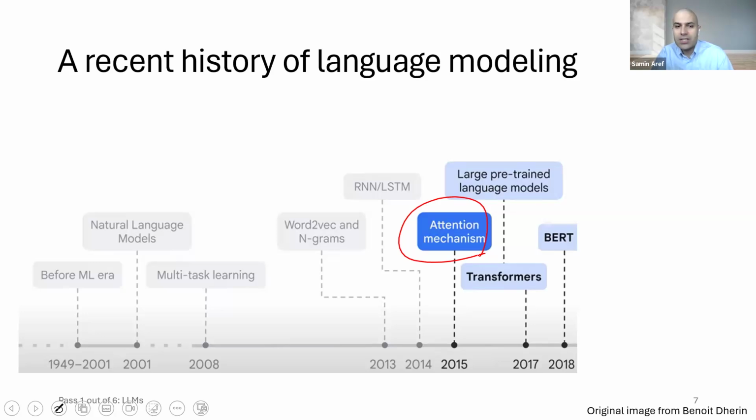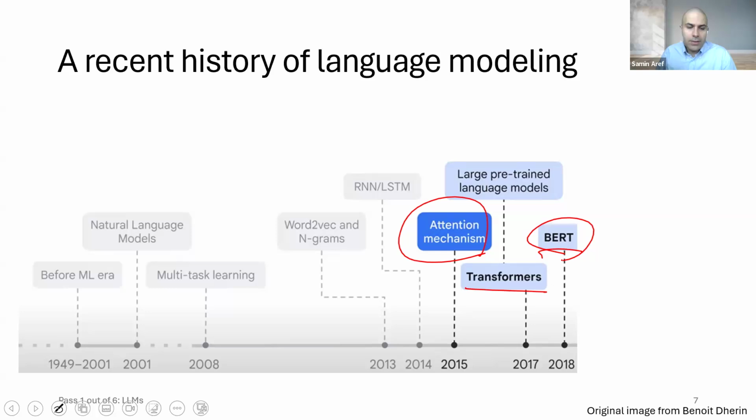It paved the way for the development of transformers, an architecture made up of an encoder and a decoder, and then the BERT model is an encoder-only architecture, which is based on the transformer architecture.